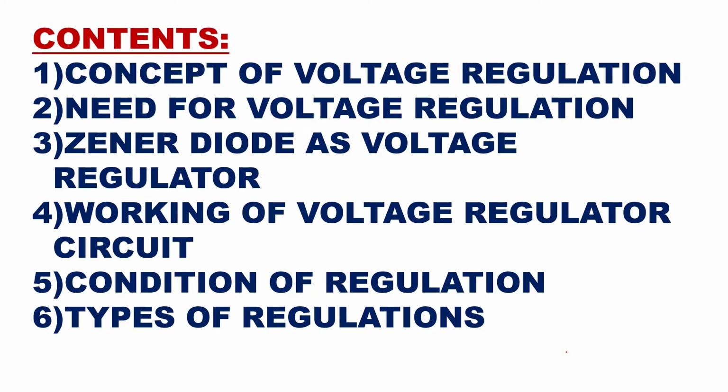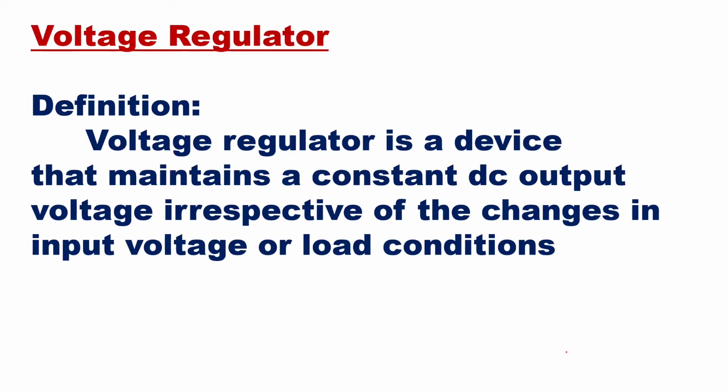Before that, we should know what voltage regulation is, as I've told you earlier. So we'll start with that. Here you can see the definition. A voltage regulator is a device that maintains a constant DC output voltage irrespective of changes in the input voltage or load conditions.